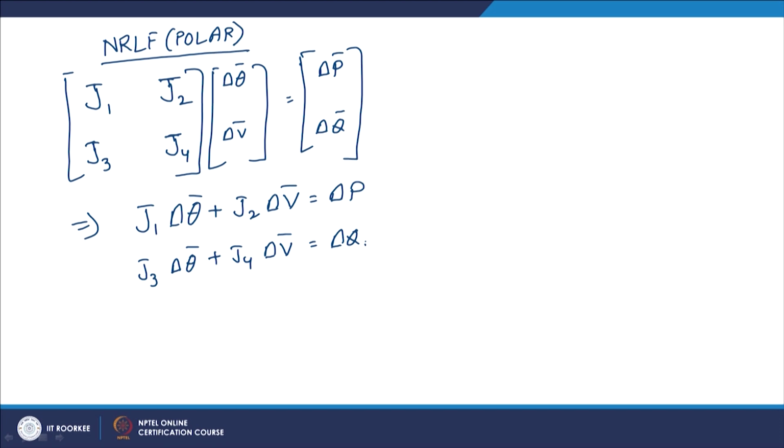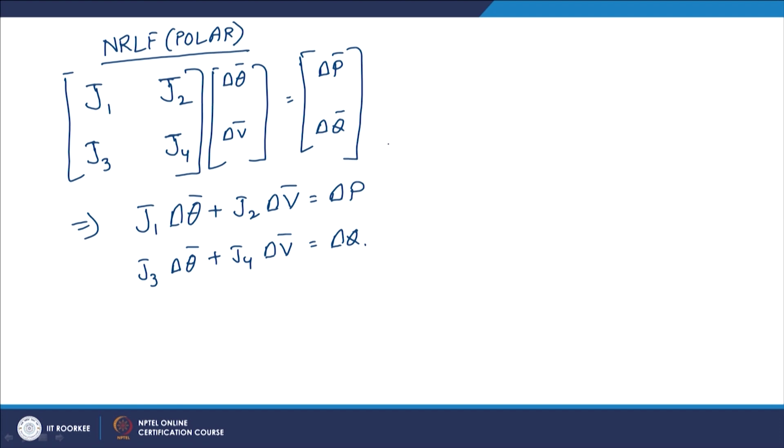If we solve them, we would be able to solve for theta and V, but you can see that both theta and V are actually dependent on both P and Q, which is obviously the case.